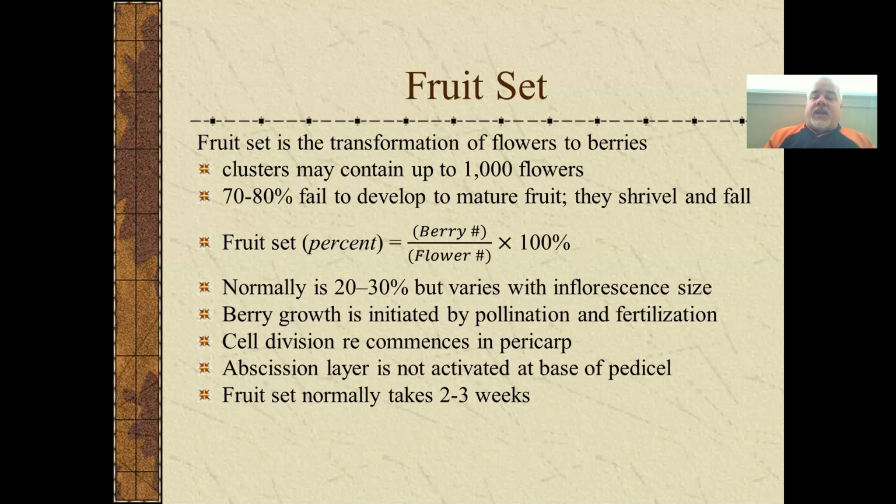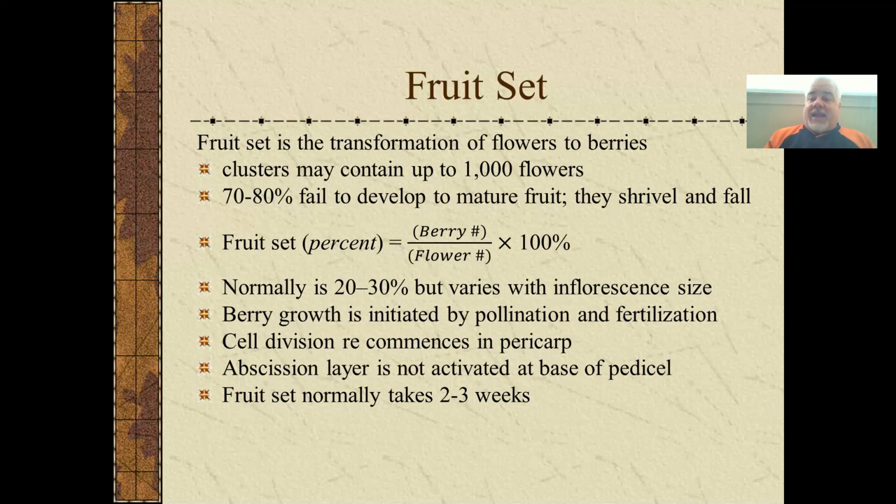And fruit set is a very simple calculation. It is a percent calculation, and it's equal to the number of berries that you have divided by the number of flowers that you have. If you just do berries divided by flowers, you'll get 0 point something. You'll get a proportion or a decimal number, and you multiply that times 100% to turn it into a percentage.